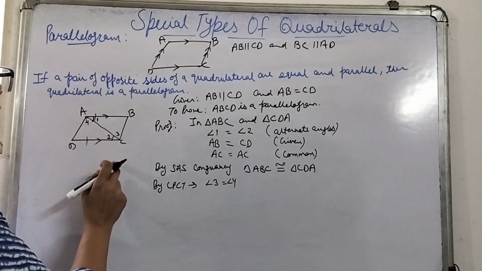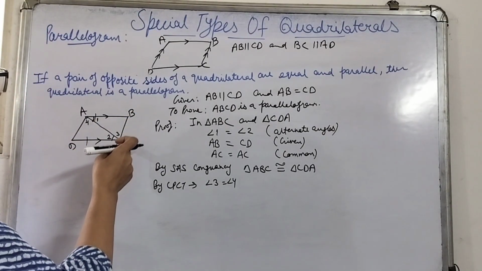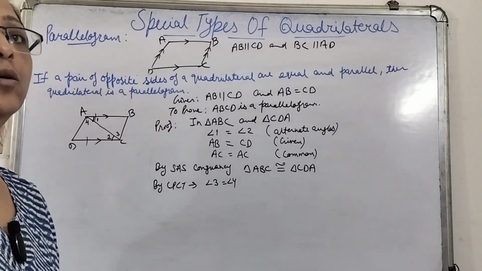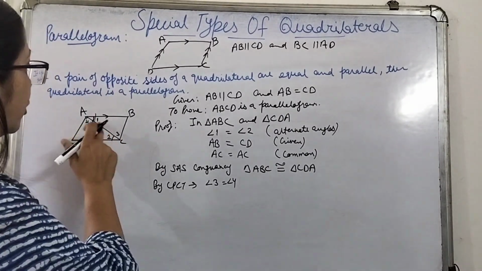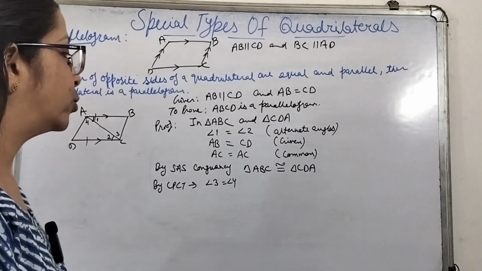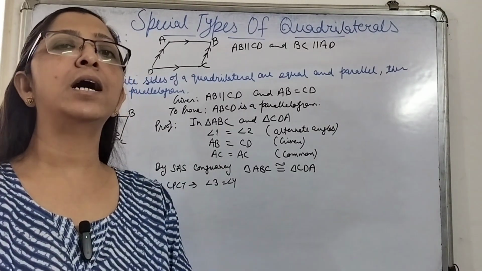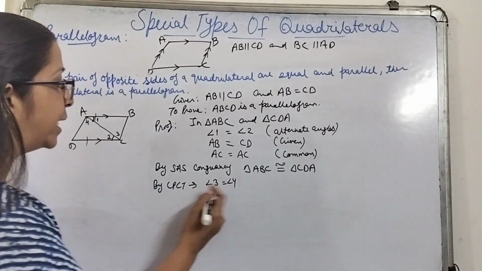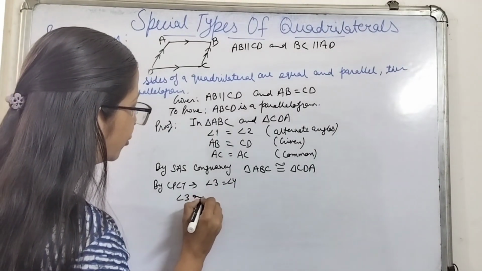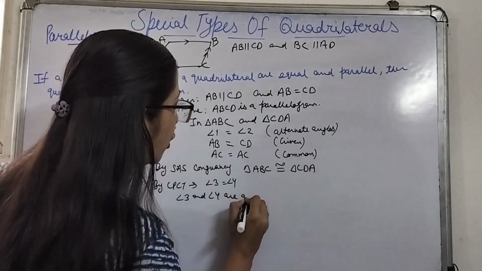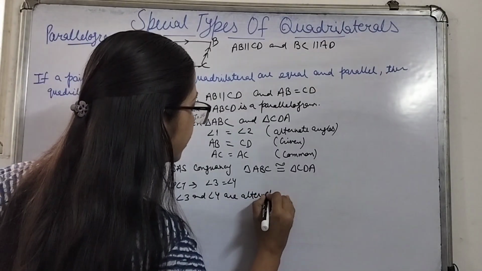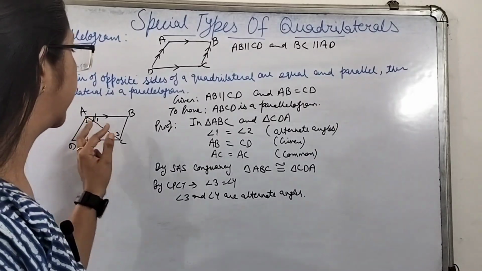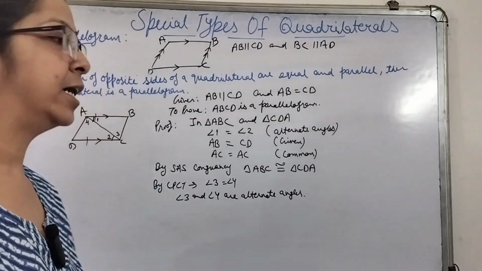Now, for the line segments BC and AD, angle 3 and angle 4 are alternate angles. And we know that if alternate angles are equal, the lines are parallel.